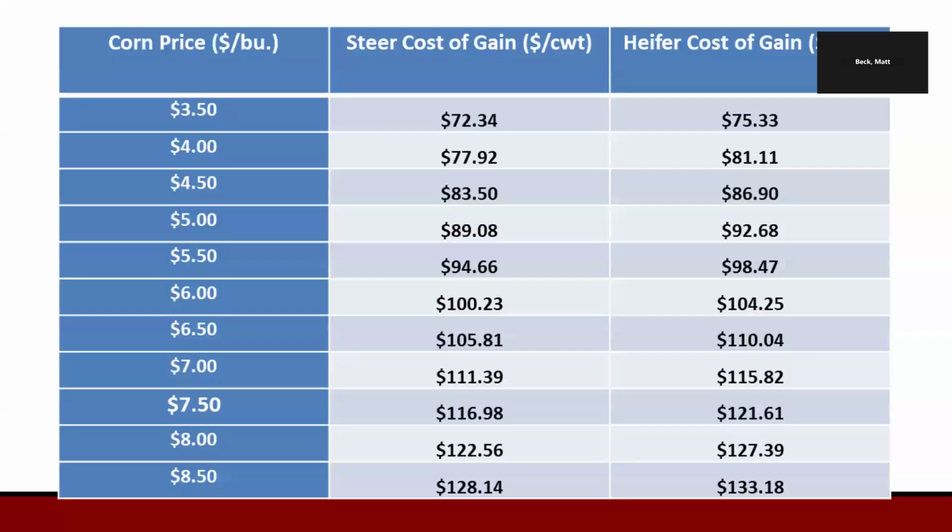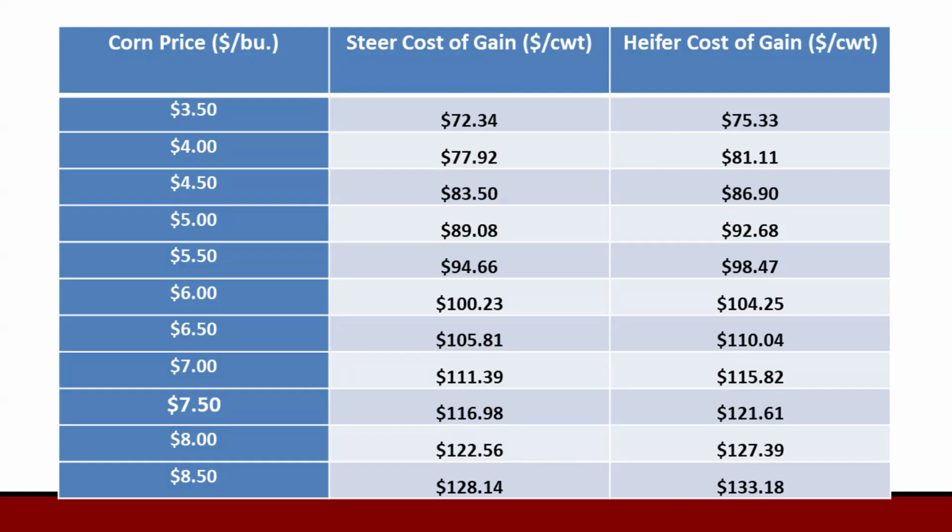Okay. Why might steers and heifers have different cost of gains, with heifers having higher cost of gains than steers? This is corn price, dollars per bushel, from $3.50 per bushel to $8.50 per bushel. For both of them, as corn price increases, cost of gain increases, but heifers are always higher than steers.